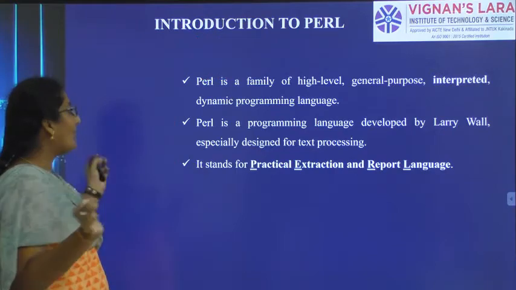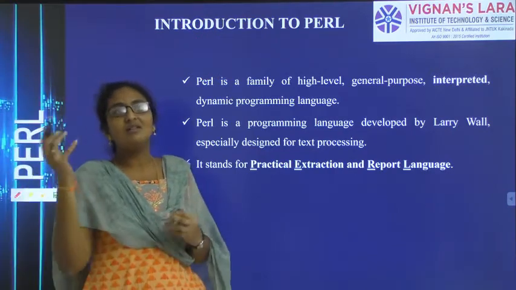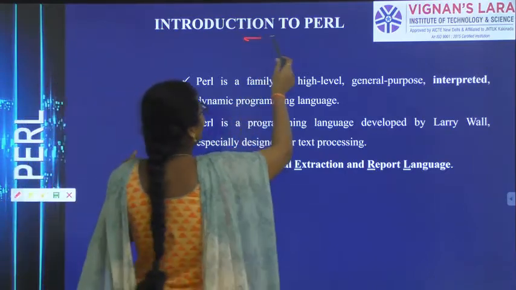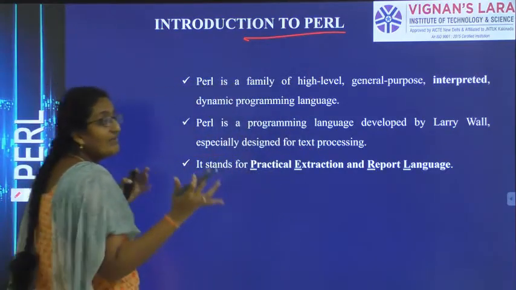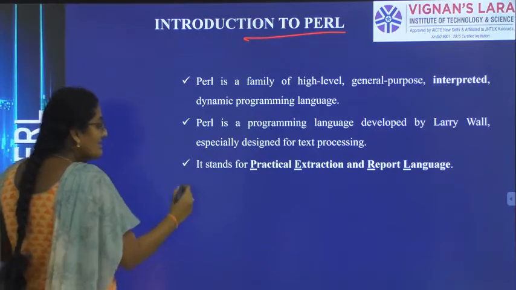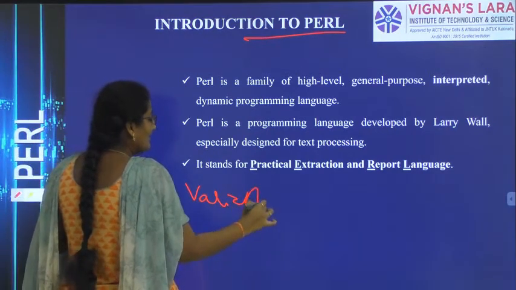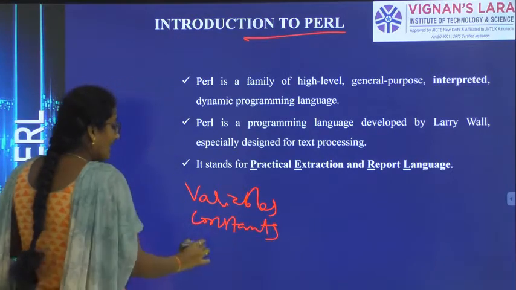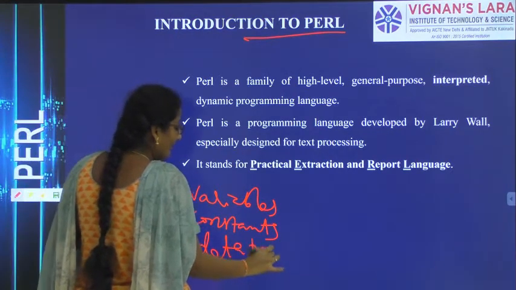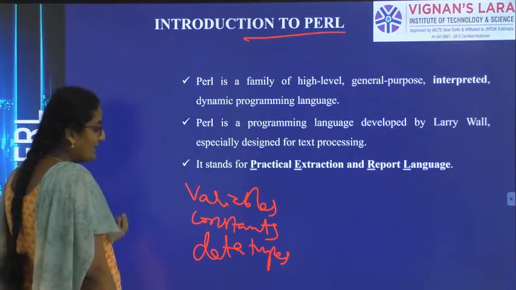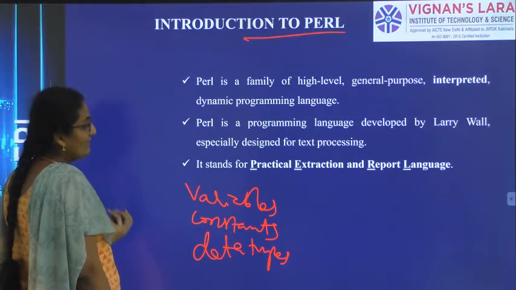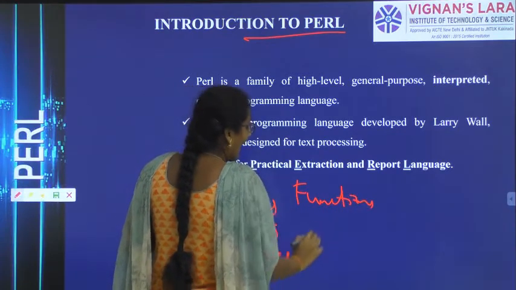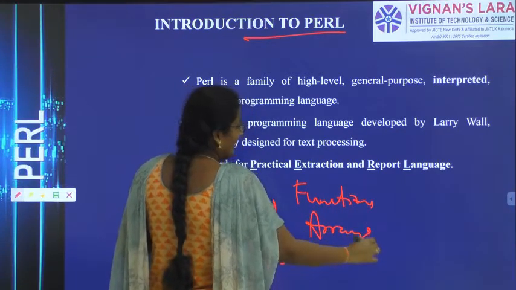So the common point I wanted to tell you is that our Unit 5 is programming with Parallel. Parallel is also a kind of programming language where we will have the same concepts: variables, constants, data types, functions, and arrays.